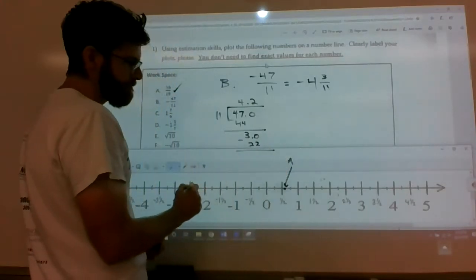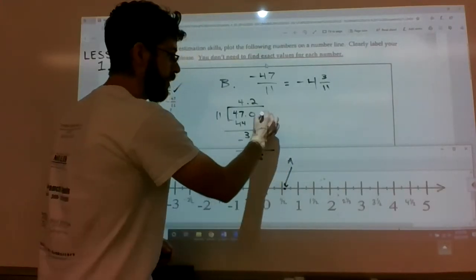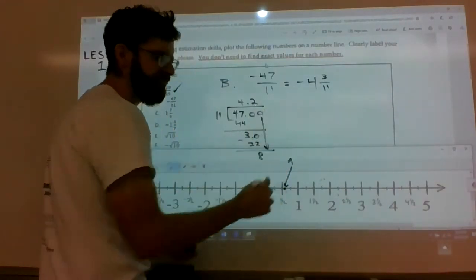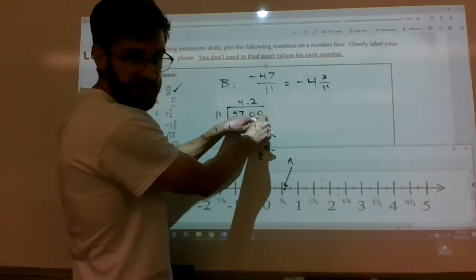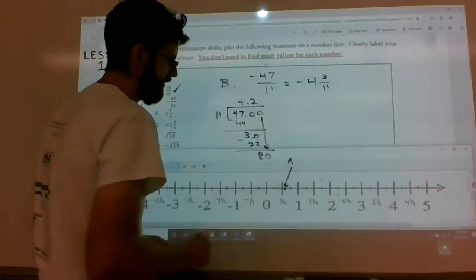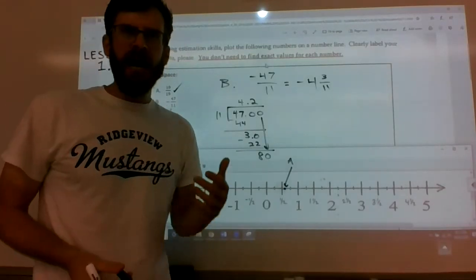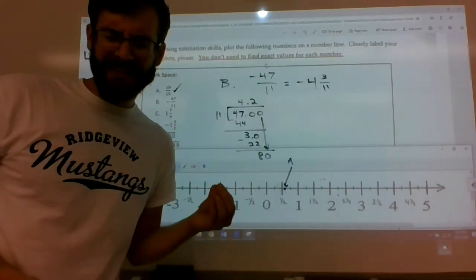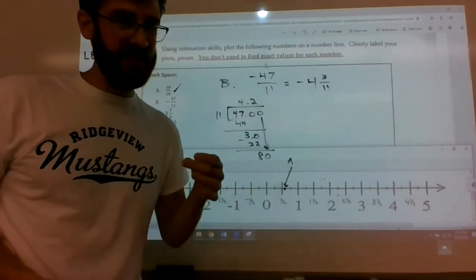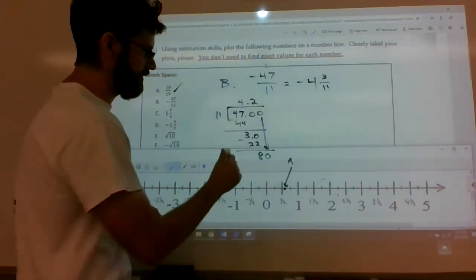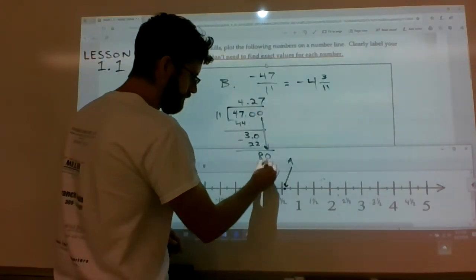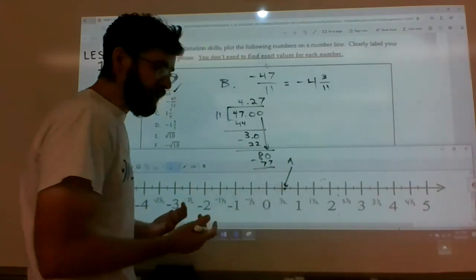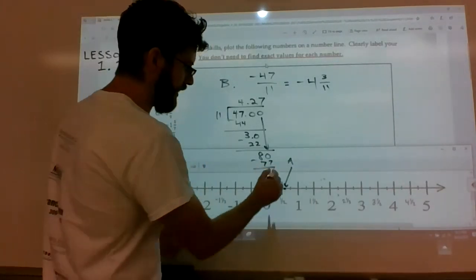Subtract again, and there's an 8. So again, you're going to drop a 0 from that phantom hundredths place, and there's an extra one. So 80. 11 goes into 80 7 times, right? 7 times 11 is 77. And you kind of got your answer right here.